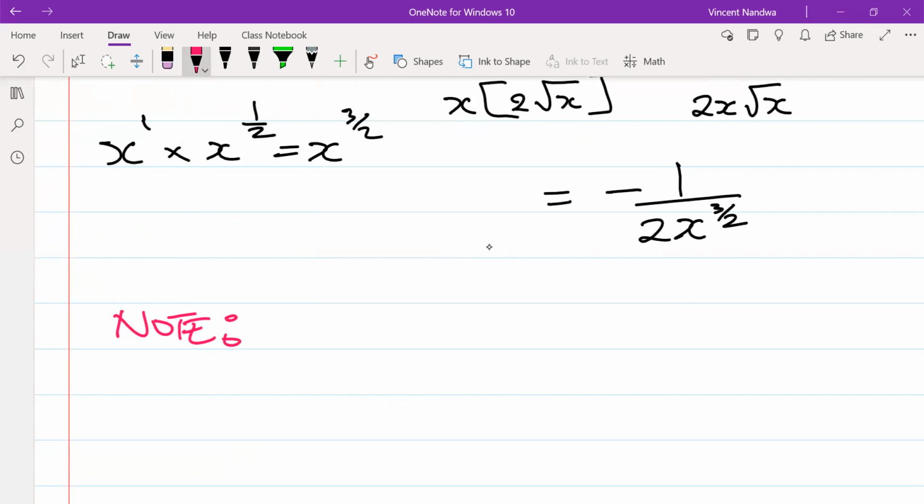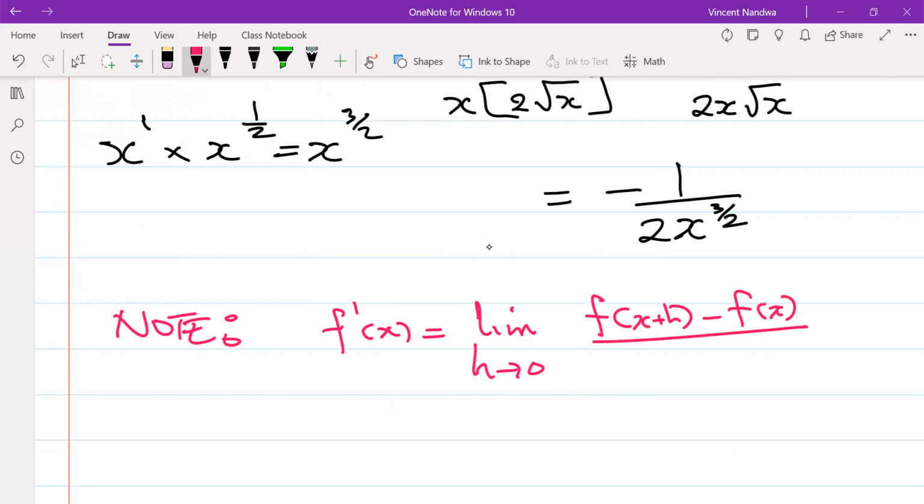So note, 1 is f prime of x is given by limit as h approaches 0 of f of x plus h minus f of x divided by h.